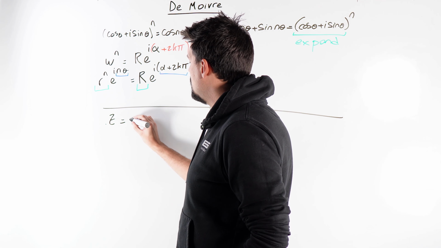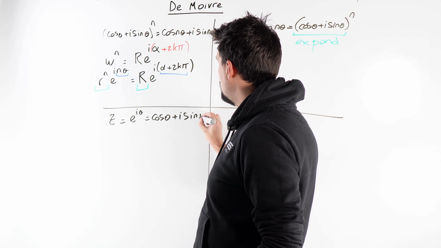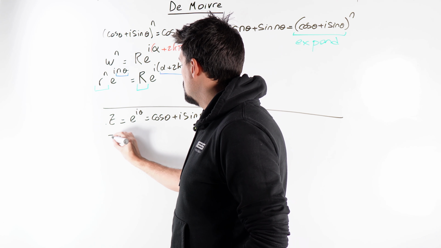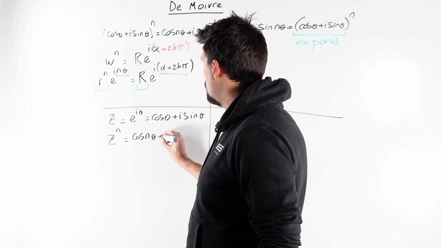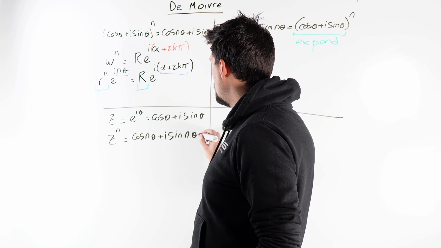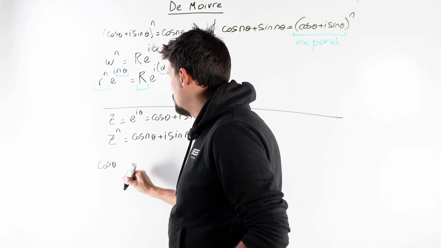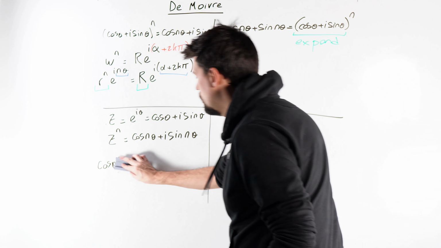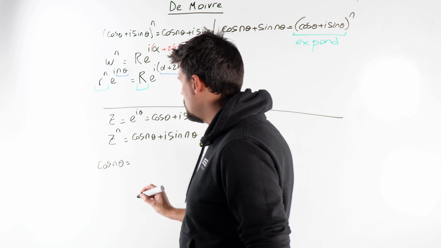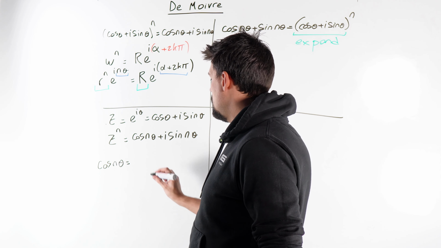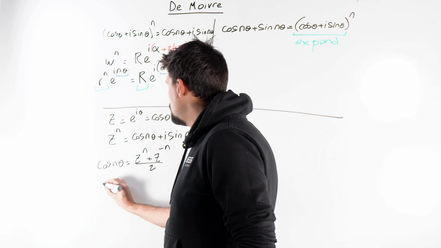If we write z is e to the i theta, which is cos theta plus i sine theta, then z to the n is cos n theta plus i sine n theta. And we can quickly see that cos n theta is z to the n plus z to the minus n over 2.